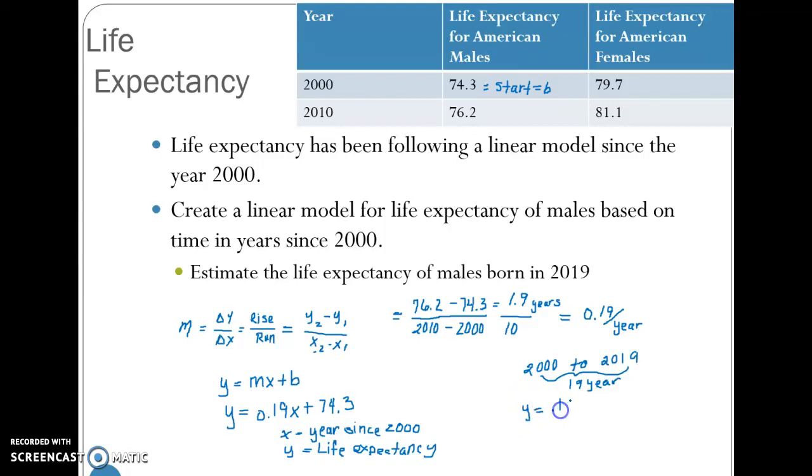So 0.19 times 19, and then plus 74.3. So I put that on my calculator, and I get y is equal to 77.91. And so that number is the life expectancy of a male that is born in the year 2019.